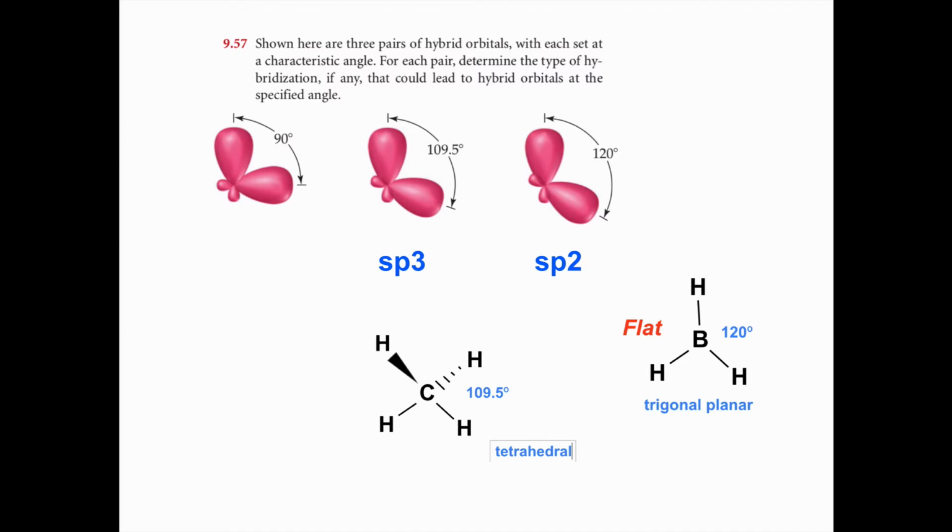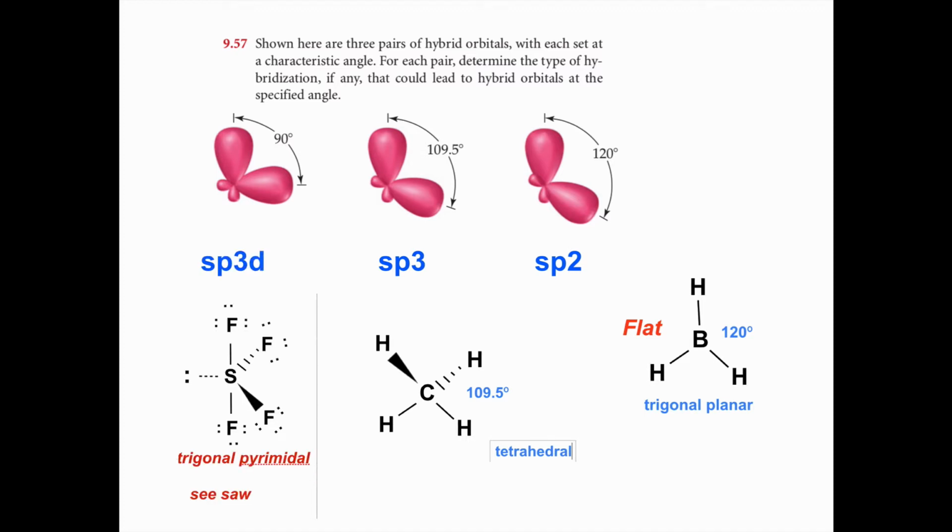Now 90, this could indicate sp3d or sp3d2, right? Because we could be talking about the relationship between the fluorines. We could be talking about not the fluorines in this case around the ring there.